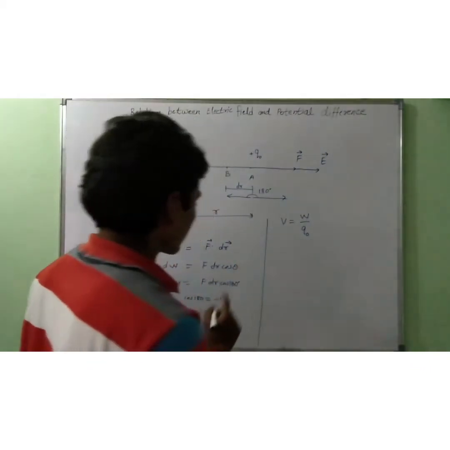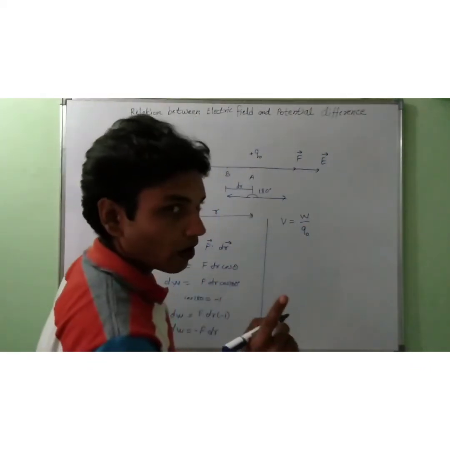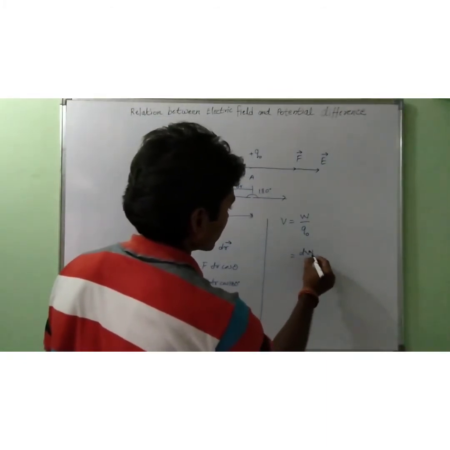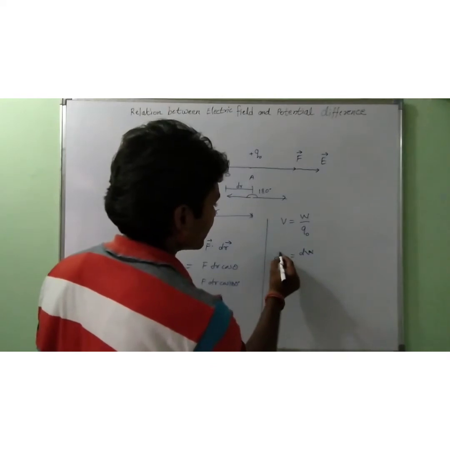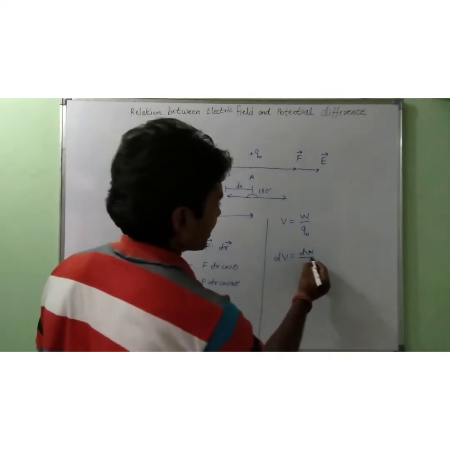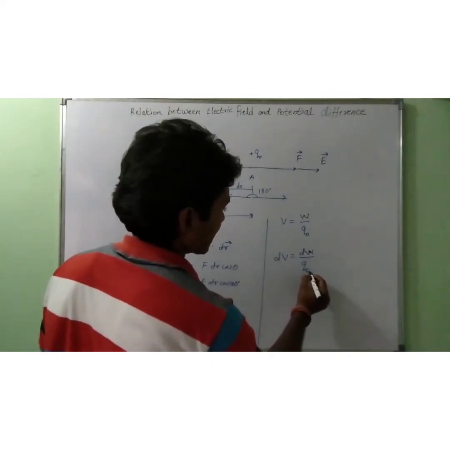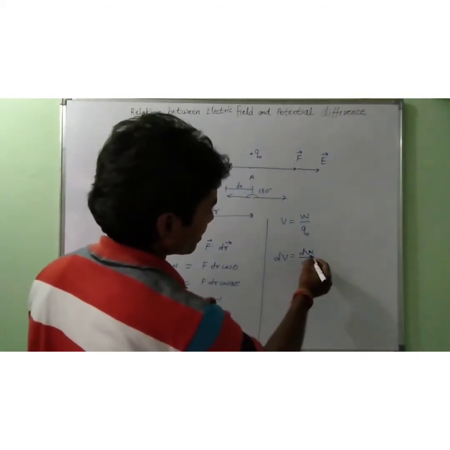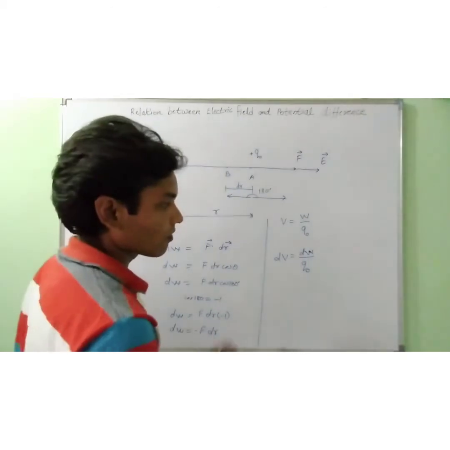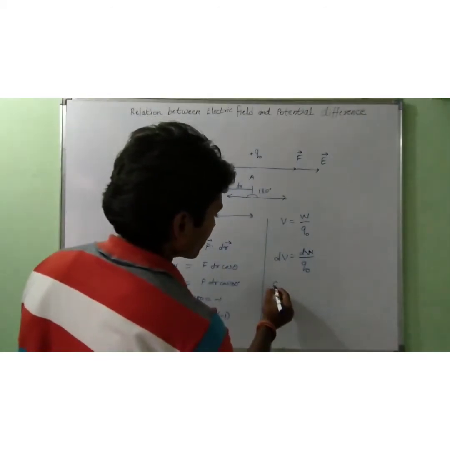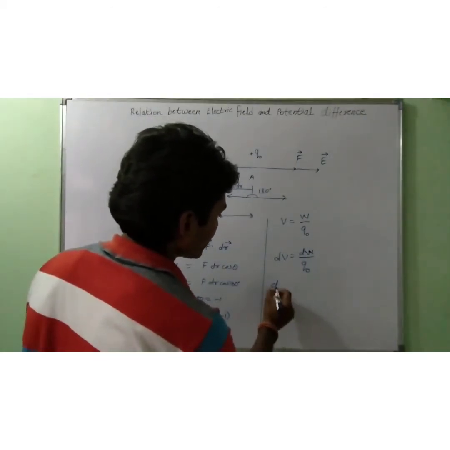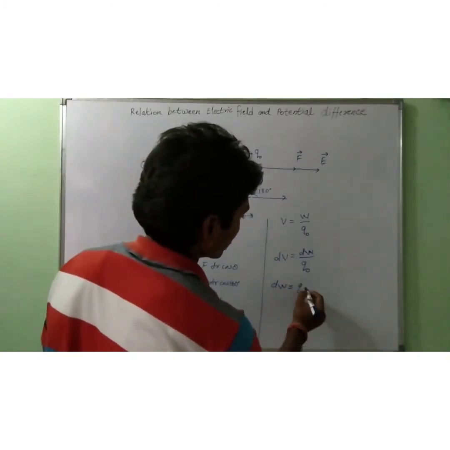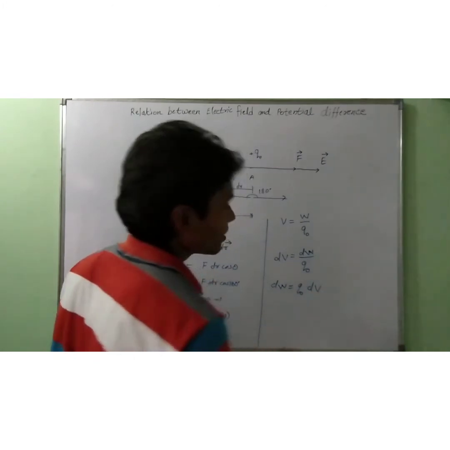So if this work done is small, then this work done will be dW, and the potential will be dV, and the positive test charge will be as it is. So dV equal dW upon Q0, or dW will be equal Q0 into dV.